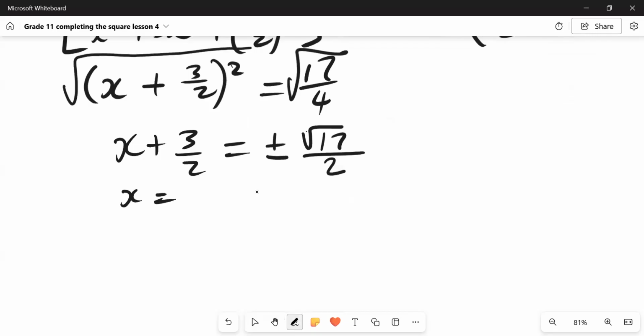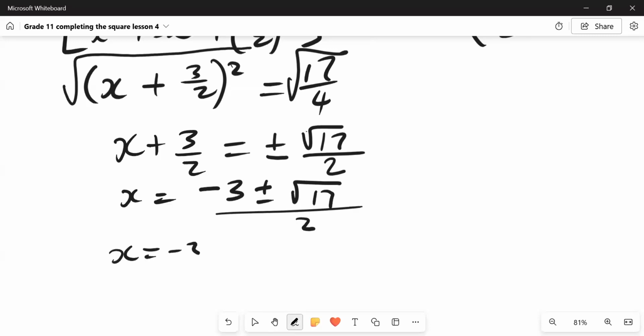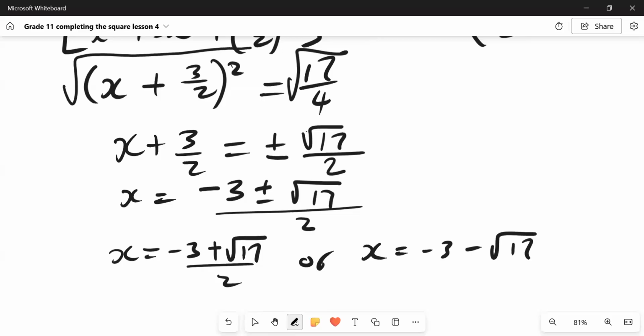Now x is equals to negative 3 plus or minus root 17 over 2. And then this will give us x is equals to minus 3 plus root 17 over 2, or x is equals to minus 3 minus root 17 over 2. Then these are your solutions. And then we move to example 4.